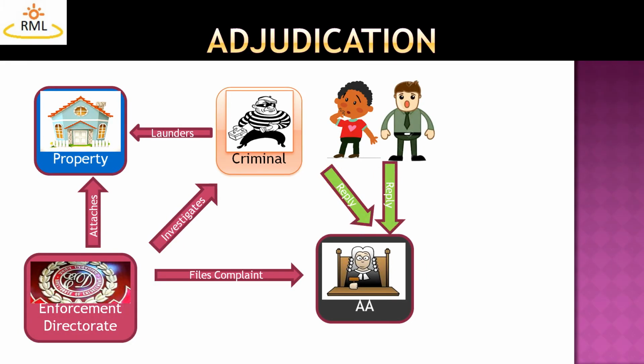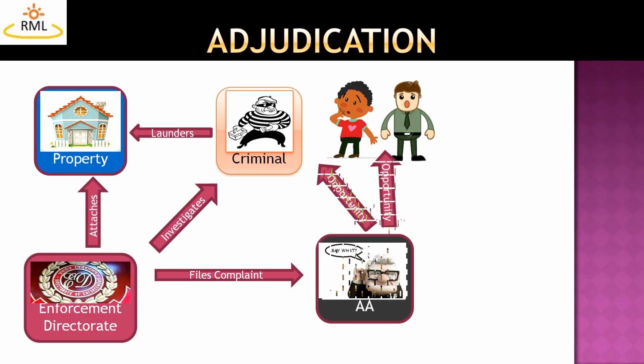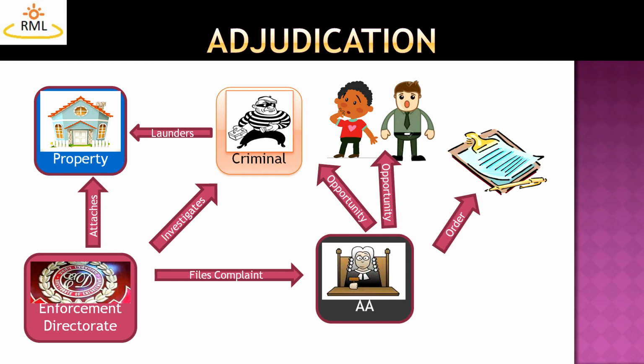The respondents must file their response within the specified time along with the proofs and justifications. The hearing is held before the Adjudicating Authority. After hearing both the sides, the Adjudicating Authority will either confirm the attachments or retentions of properties in question or release them. Once the attachment is confirmed, ED is free to take possession of such properties, and if it is not practical to do so, then confiscate it under its authority.